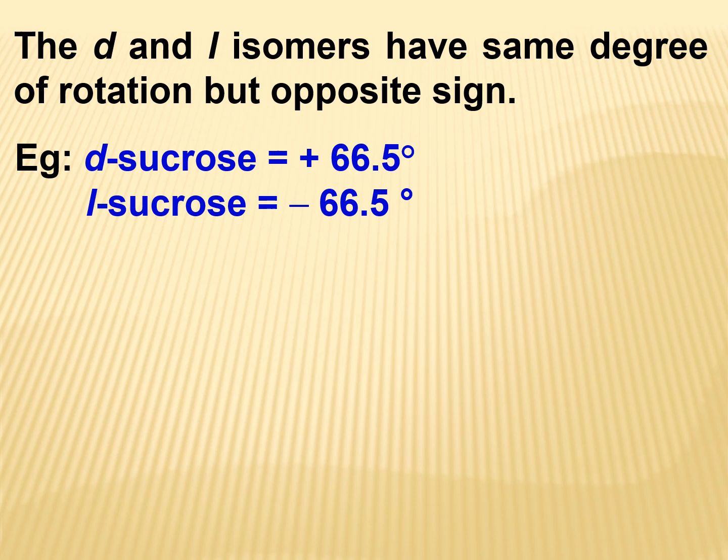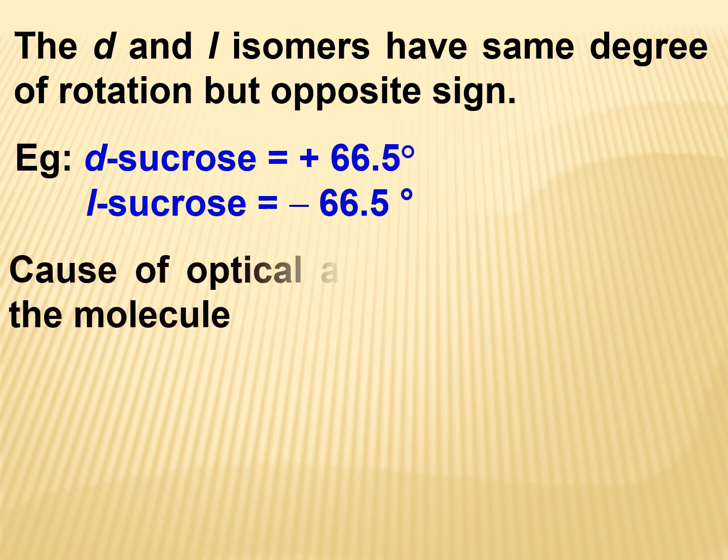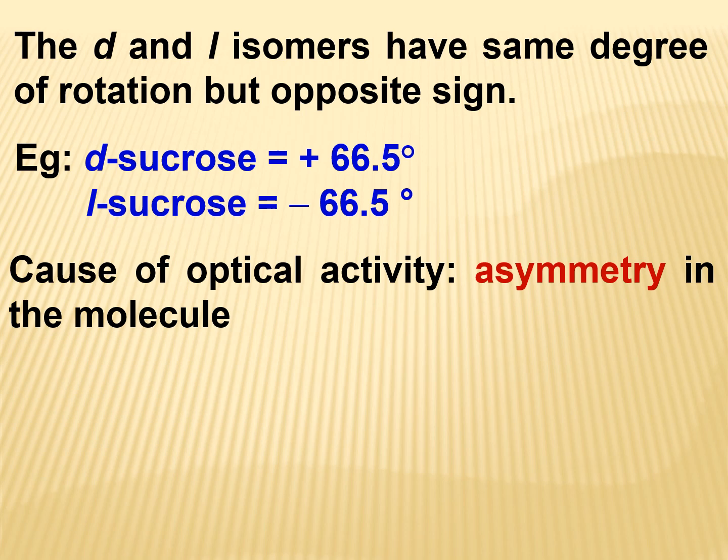Similarly, L sucrose is minus 66.5 degrees, that is in the opposite direction, anti-clockwise and clockwise. So the magnitude of the angle is the same, but the sign is different. A plus sign is used when the rotation is to the right, and a minus sign when the rotation is to the left.